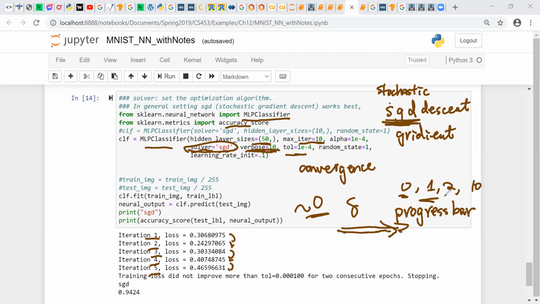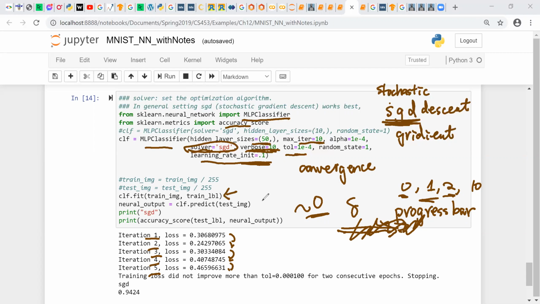With 2, it won't have a progress bar, but it will tell you iteration 1 and the result, iteration 2 and the result, something like that. So that's the verbose. And here it also specifies the learning rate. Those are all common parameters you need to be careful with.